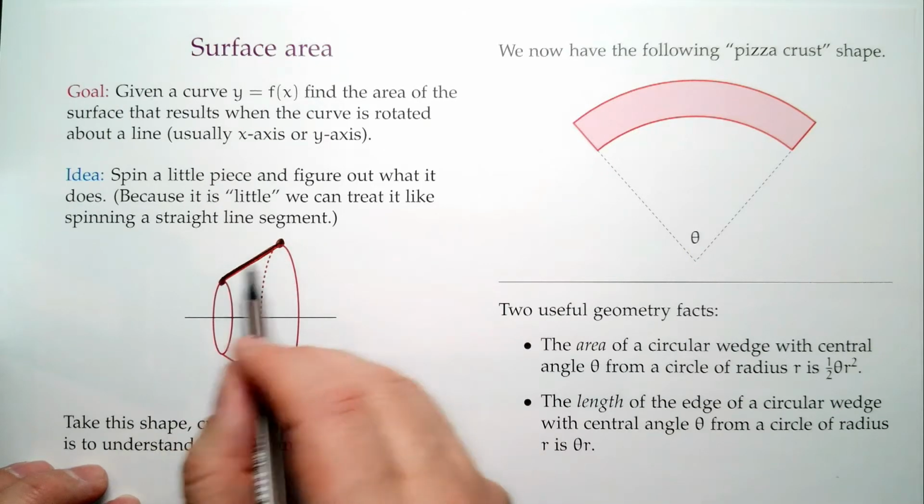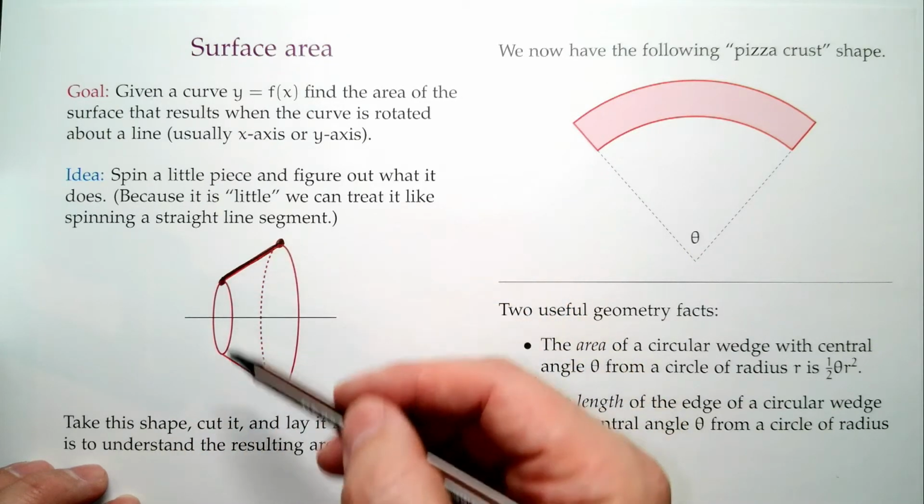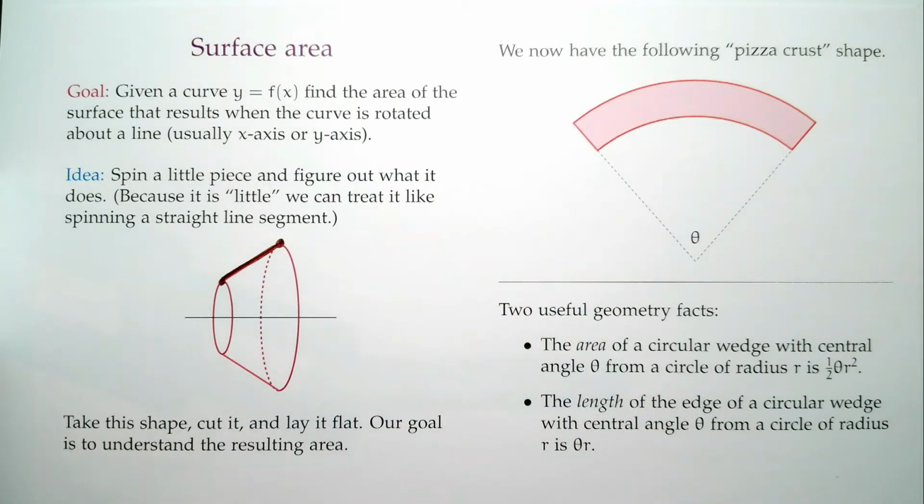So here's our straight line segment. And then we're going to spin it. And we're going to ask the question, what happens to that? What's the surface area of that? Because if we can figure that out, what we'll end up doing is we'll take our original curve, break it into lots of small parts. We say, well, each part, when we spin it, it's like spinning a little line segment. So I can figure out what the surface area is for that, and then I add them all together.